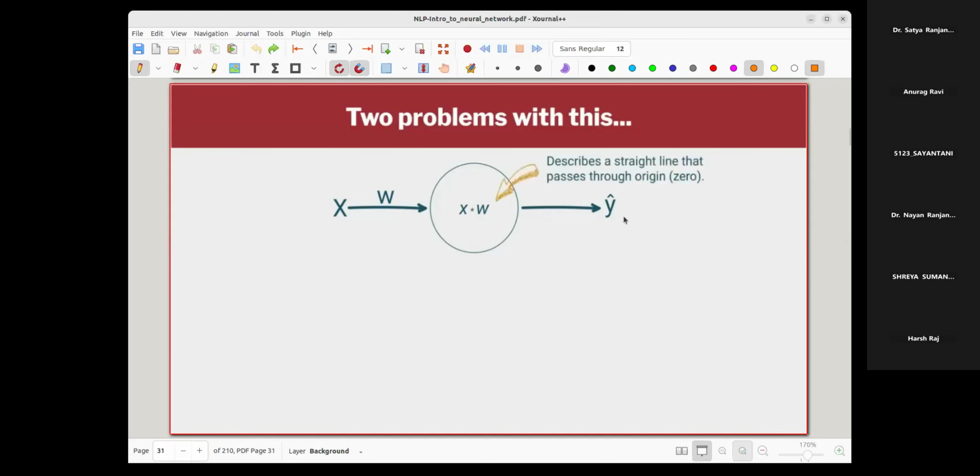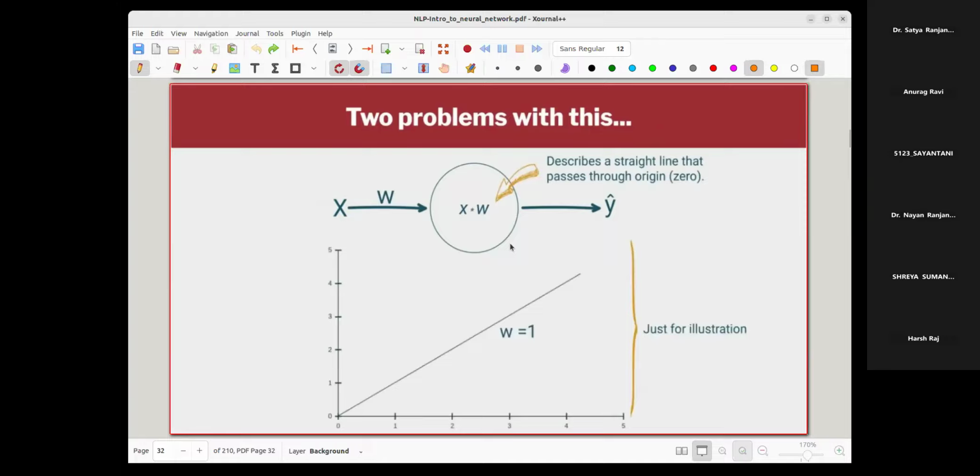Number one, this function only describes a straight line which passes through the origin. You know the equation of a line passing through the origin: y equals mx. So here Y is nothing but W into X. In place of m we have W, and X is your variable. Just for illustration, if you take W equal to 1, the line will be like this. This is the function for W equal to 1, that is, Y equals X.